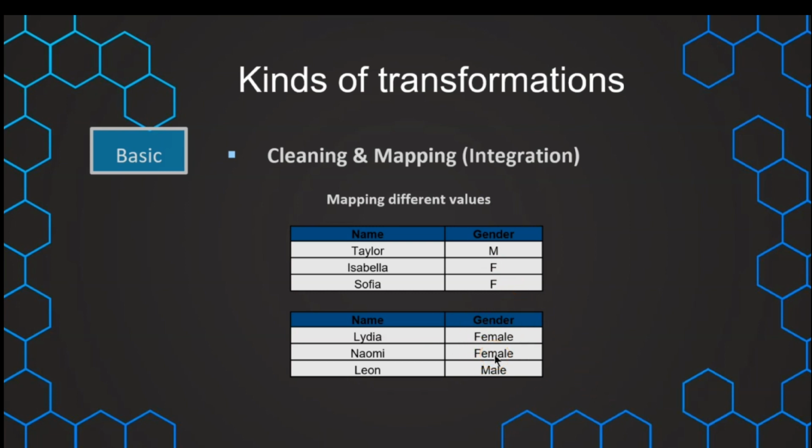Of course, now we want to make one standard. That means we want to map data. So we want to map M to male and F to female, for example. This means that we can replace certain values with other values to make our data more consistent.